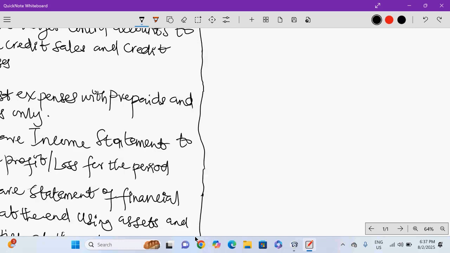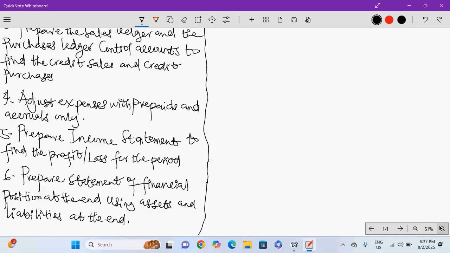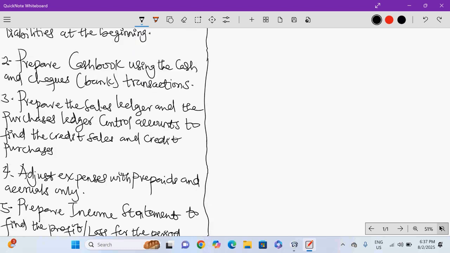Aside from that, the subscription account is also missing here. All right. So just know these steps, and that will guide you in the preparation.